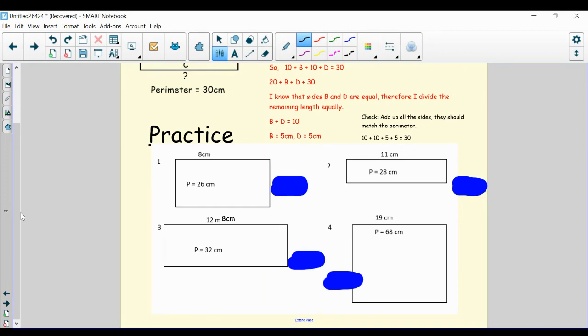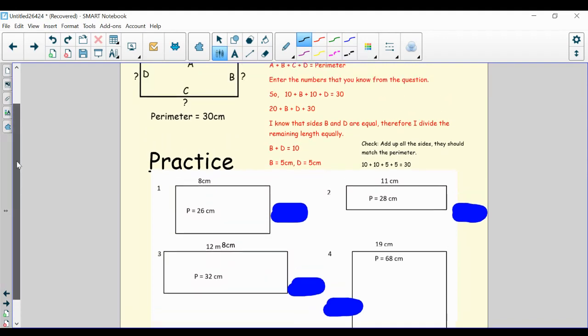You could either try challenge 1, or you could watch the next video, which has a few more examples that may help you to understand it better. So pause now, think about what you're going to do: challenge 1, challenge 2, or watch the next video for examples.